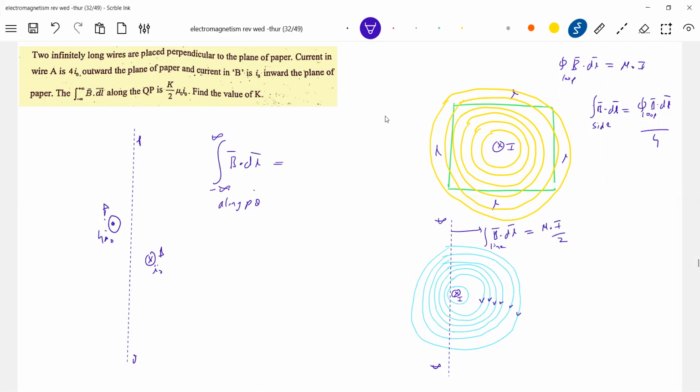This should be equal to half of mu naught 4 I naught. I think I had to write it like this here. Why should that by 2 come? There's a reason. Do you agree with this?